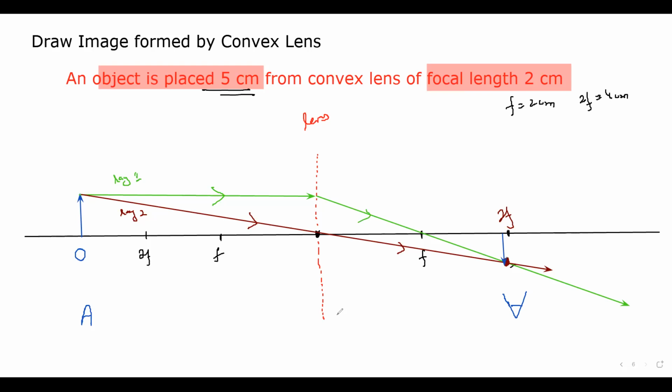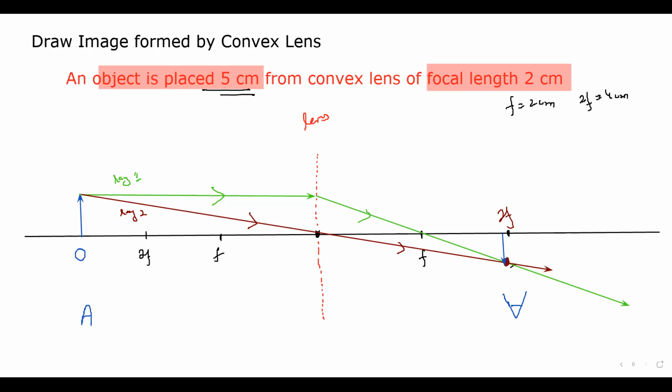It is not necessary for the ray to be a particular length. You will find a point where they intersect. Like for example, first a parallel light ray passes through the focus. Then for the second ray, the length should not be 2f, you can continue this, I can extend this line. That does not make a difference.